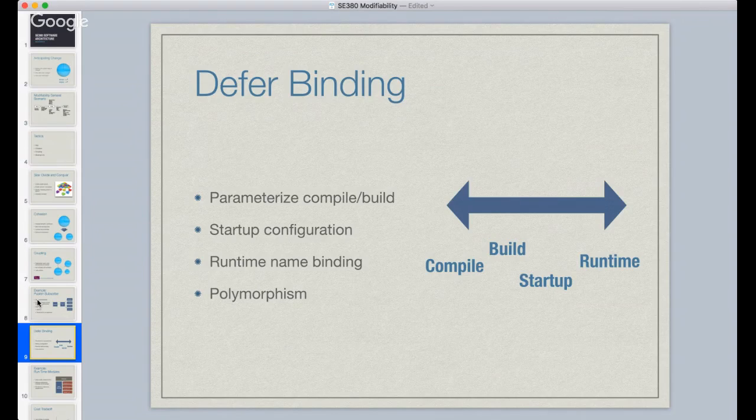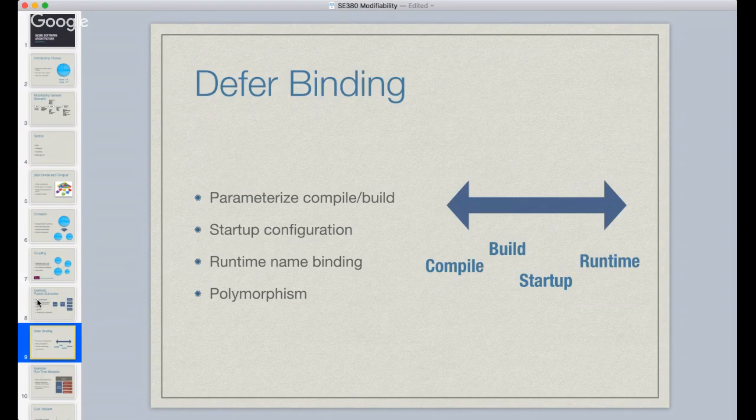Very often systems are configured at startup time. They read a configuration file once at startup time to determine the overall configuration of the system. For example, certain boundaries or certain parameters, maybe which components are going to be active at that time, but then they don't tend to change for the remainder of that runtime.